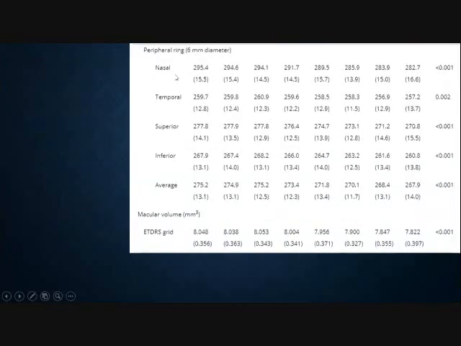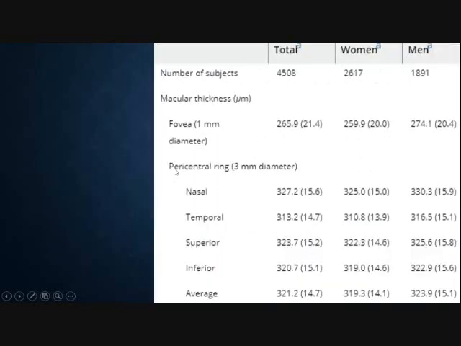And similarly for each portion of the macula, this is valid. And in women, the thickness is less than in men. In the fovea, for example, in females it is 259 and in men it is 274.